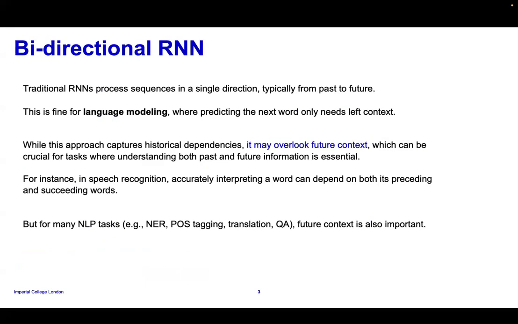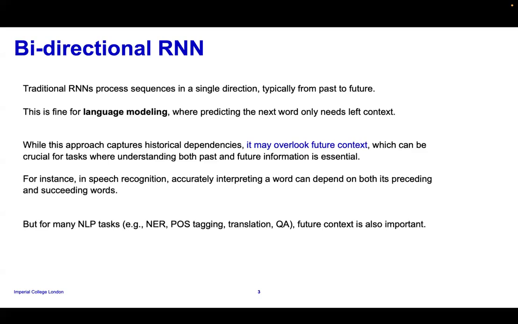We have previously seen that RNN, which is recurrent neural network, can be used to process sequences of information, but the information they can process goes basically in one direction.